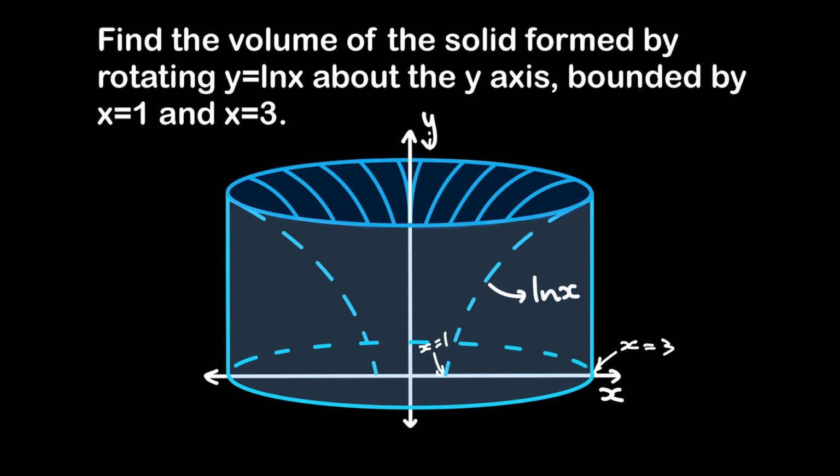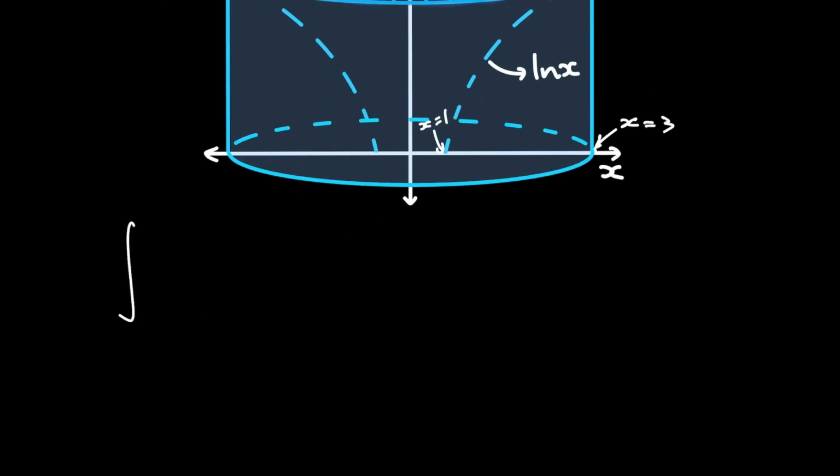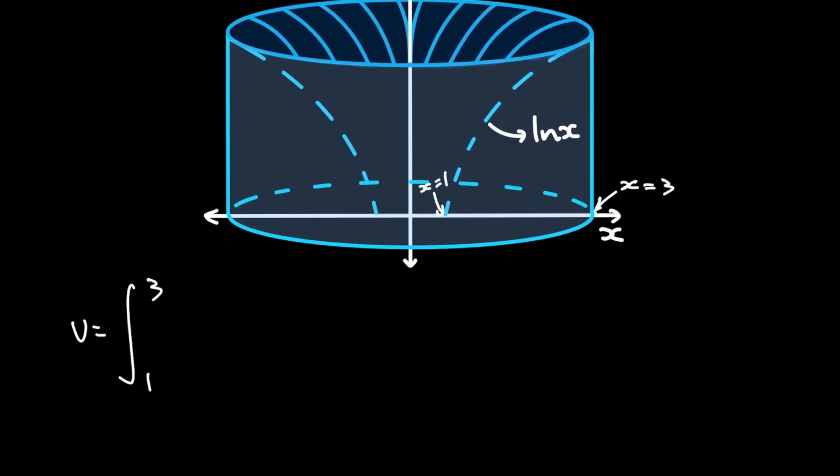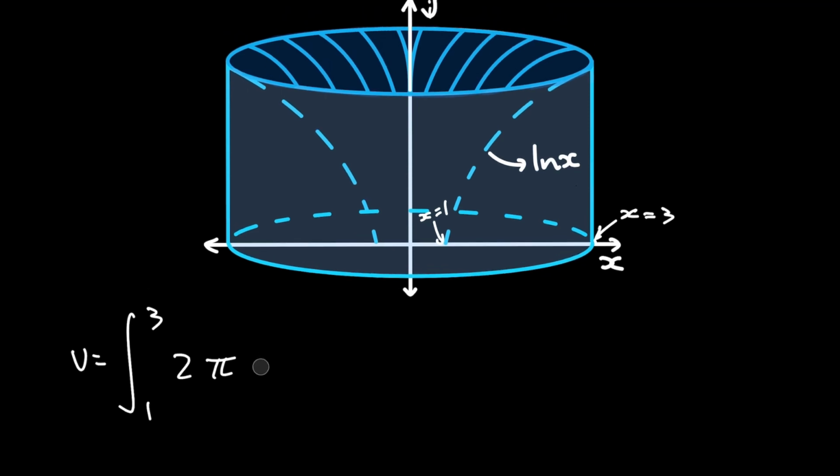Okay, so let's write down an integral. Our integral for volume is integrated from 1 to 3, so it's a definite integral. Now we have the surface area of our cylindrical shells. Our radius is over here, and we need to write it in terms of x. Our radius is going to be from the origin to whichever cylinder we are integrating, so that will be given by the x value.